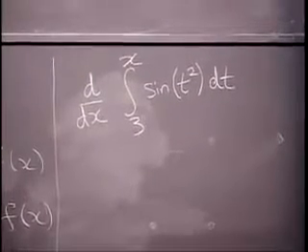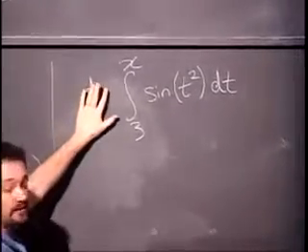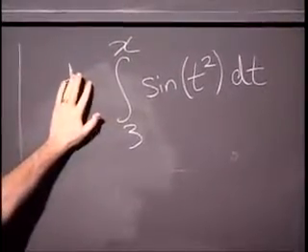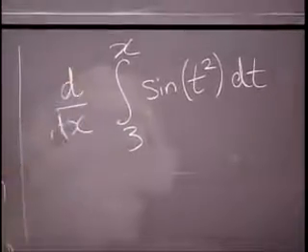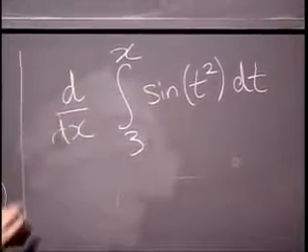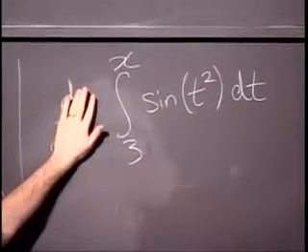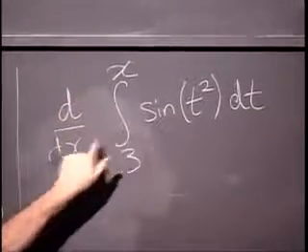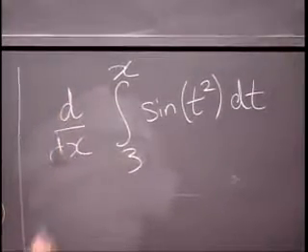If this derivative was not here, you'd have to try to do this integral. As it turns out, not a very easy integral. Basically impossible. So we have this integral here, but now I'm asking you to actually differentiate it.